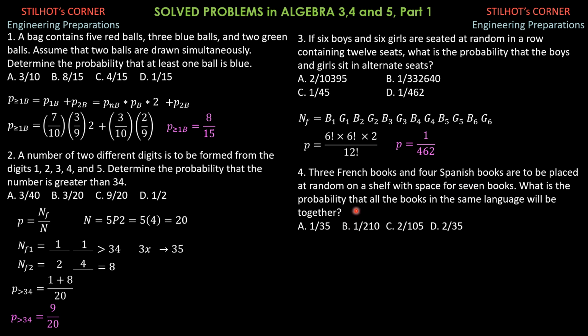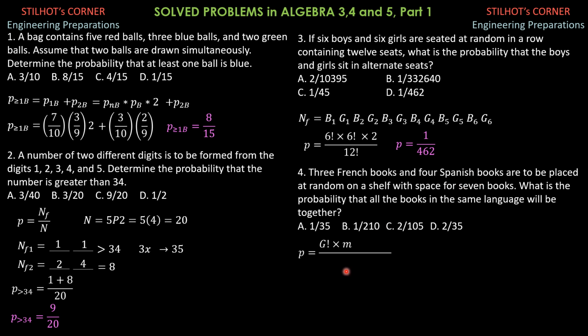Then in the numerator, favorable outcomes, if you're going to analyze that, this is permutations by books. There are 2 groups, French books and Spanish books. So the formula for the number of different arrangements is number of groups factorial, then number of members of group 1 factorial times number of members of group 2 factorial, and so on and so forth, depending on the number of groups.